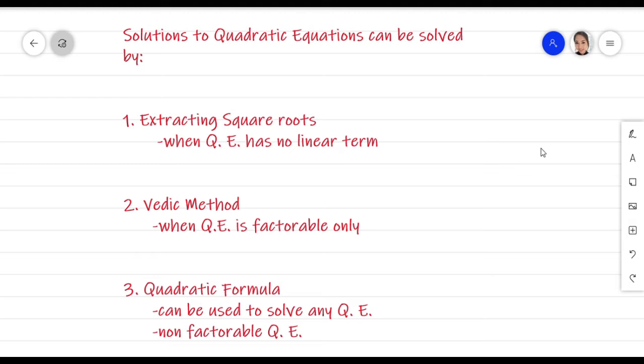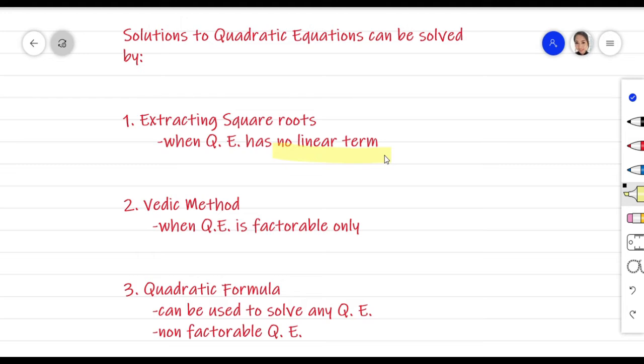Extracting square roots is specifically used when your quadratic equation has no linear term. Remember, it's only applicable if your quadratic equation has no linear term. So better to use extracting square roots.